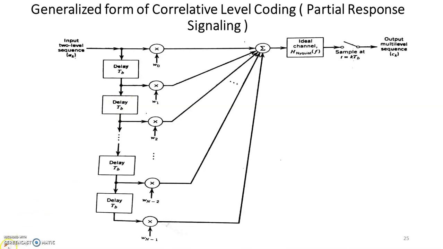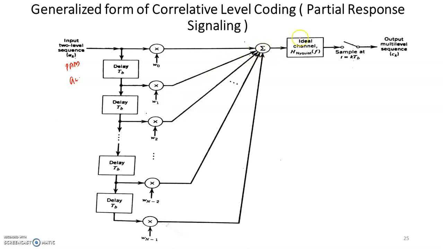You can see there are a large number of delay units. As we see from the figure, the input to the block is the pulse amplitude modulated signal AK. That is given to a large number of delay units, and each delay unit is associated with a weight W0, W1, etc. to Wn minus 1, and all these are given to a summer.